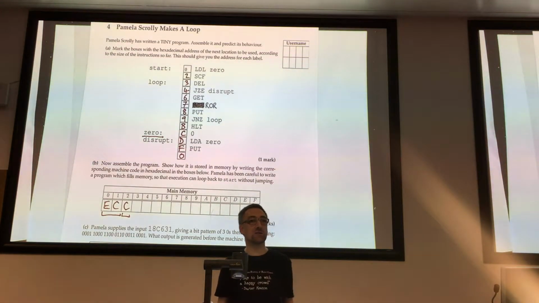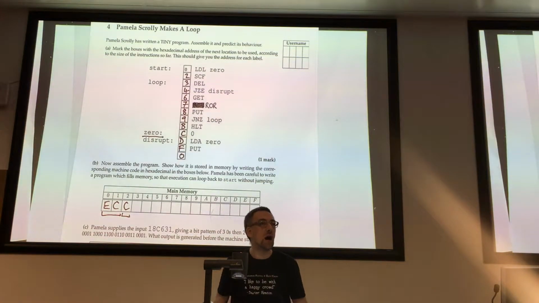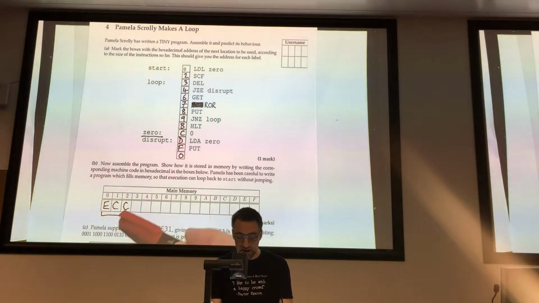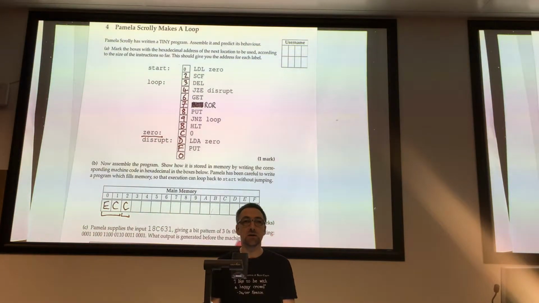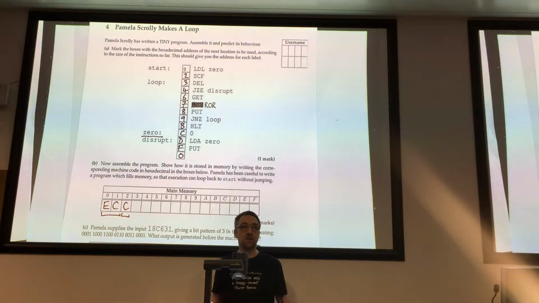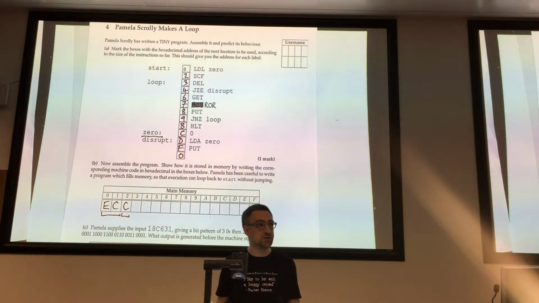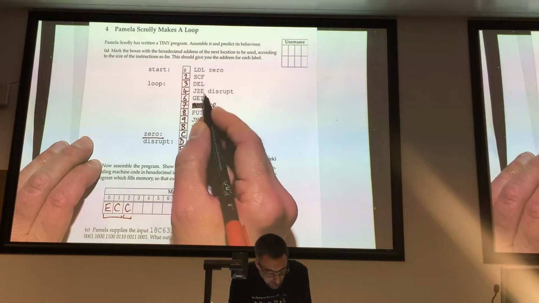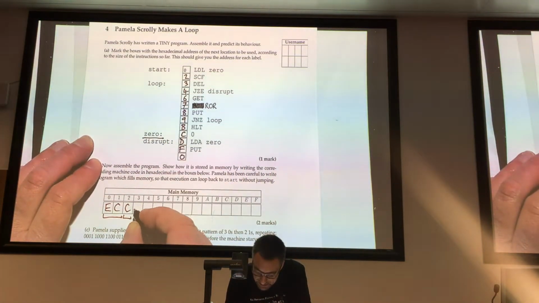Don't throw marks away. It's very easy to make an off by 1 error when you're doing your adding up, but when you actually start filling in the lumps of memory, you'll see that you've made that mistake and you can go back and fix it. So that's a good check to do to make sure you collect all of those marks. Okay, carrying on, decrement loop index, that's D.